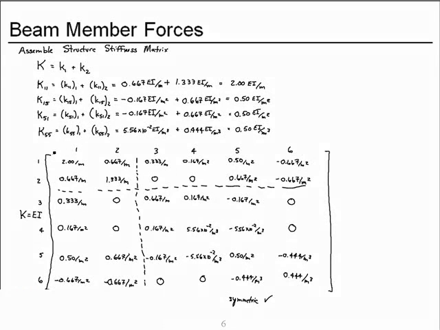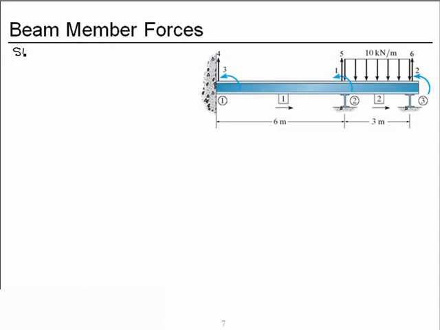This top left portion we'll call K11. That's different than this term. This was the individual coefficient. This refers to the entire chunk where we're talking about forces generated at unconstrained degrees of freedom due to deformations at unconstrained degrees of freedom.